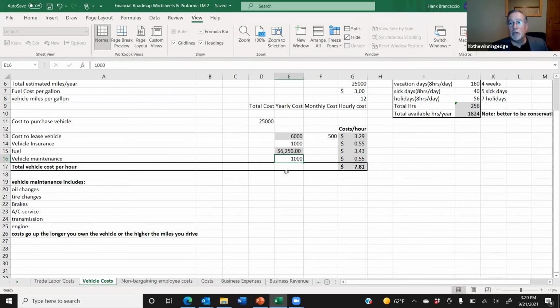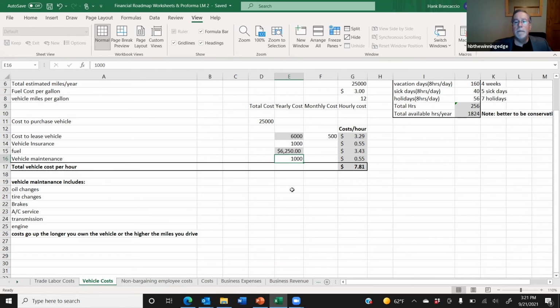You blow a transmission on a heavy duty pickup truck or van, you'll blow through thousands of dollars just to replace that transmission, or you blow the engine, or you've got major brake problems constantly, or a variety of different things, brake cylinders, etc. So this is based on a new vehicle. If it's a used vehicle and you decide, well, I bought the vehicle instead of leasing it, and I'm going to drive it until the wheels fall off, that number of maintenance will go up significantly.